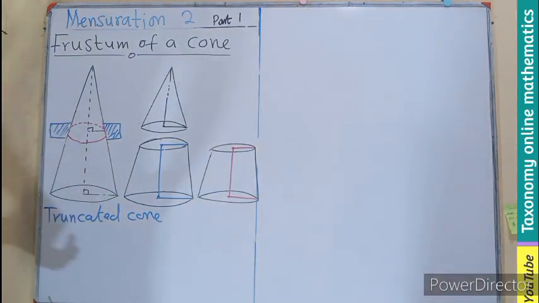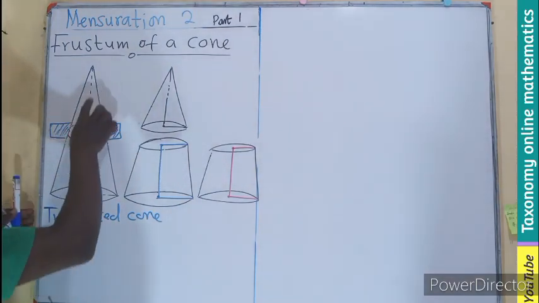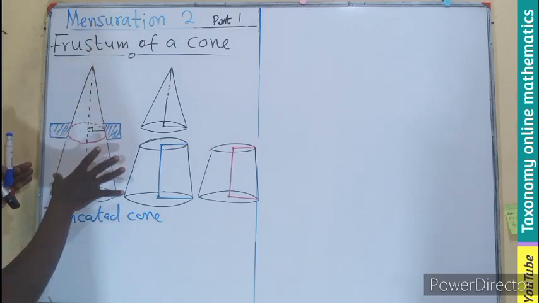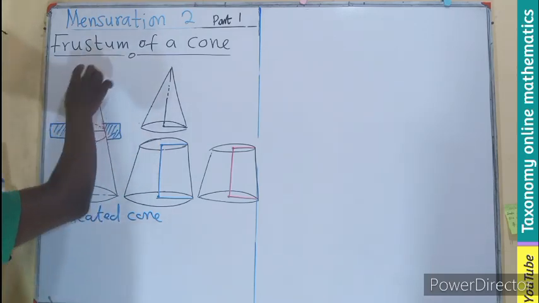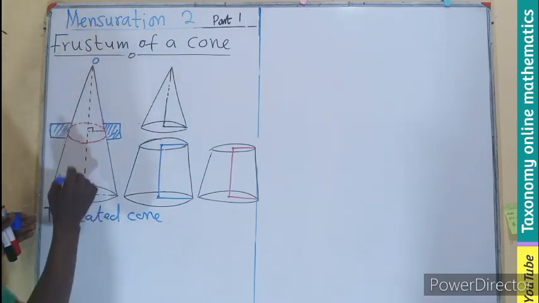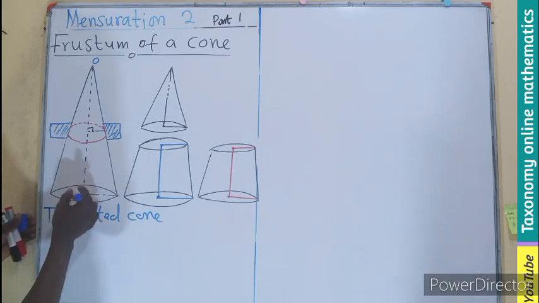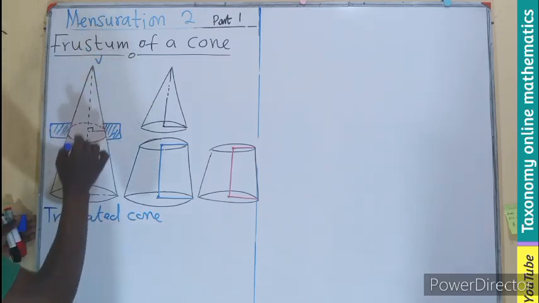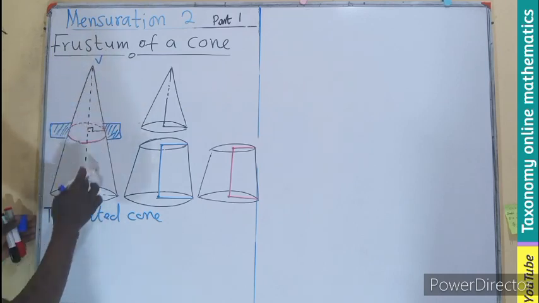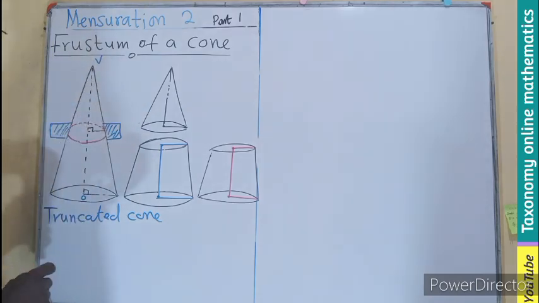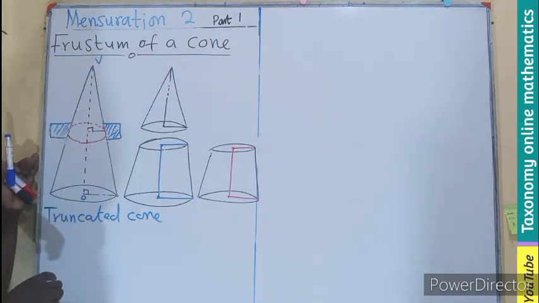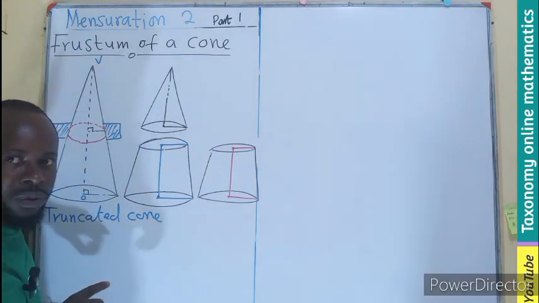dissect the various parts. Now you will see that on this whole cone, from the top here down to this place, let's use V here and use O here, all the way to this place, you'll be seeing a height, which is the height of the cone.